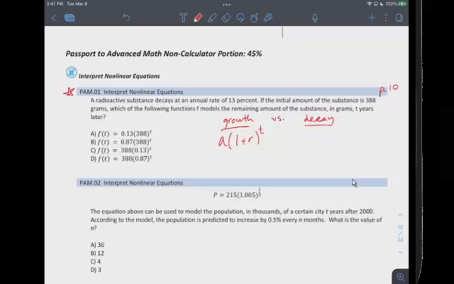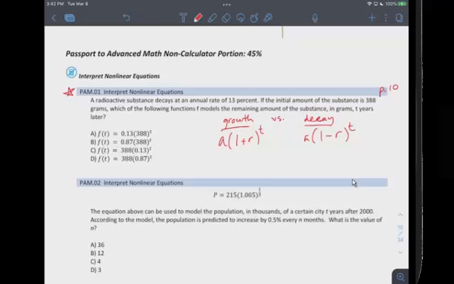Okay, so if it's a decay, you have 1, which represents 100%, minus the decimal percentage. So if you subtract your percentage rate as a decimal from 1, then you're dealing with decay. If the base of our power is greater than 1, it's growth. If the base of our power is less than 1, it's decay.